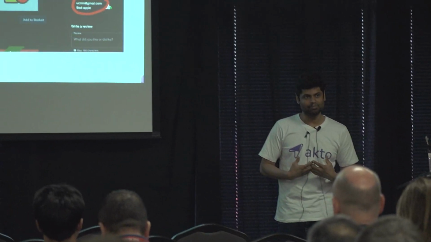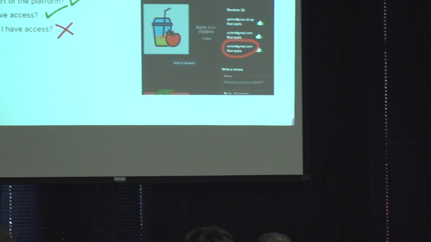I have access to all of them. If one of you also has access to that, that's a problem. If I have access to things I should not have access to, that's an authorization problem.